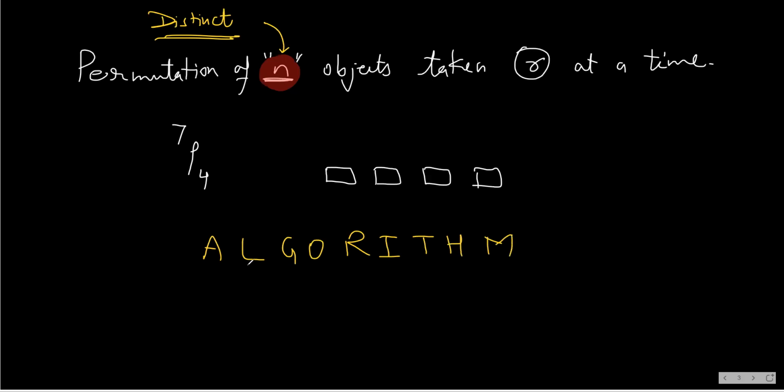Here I have algorithm. Now there are 9 letters. In these 9 letters, do you find any 2 letters identical? No. You have A only once, L only once, G just once. See, all are distinct. But suppose I have to make an arrangement of the letters of the word, suppose mathematics.